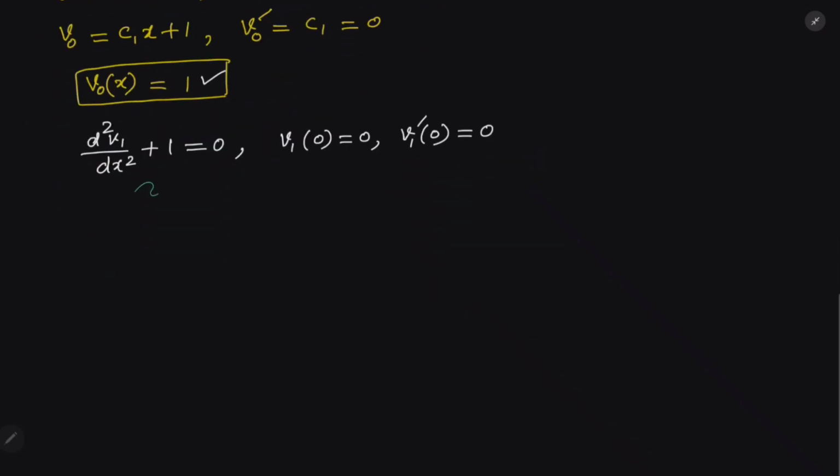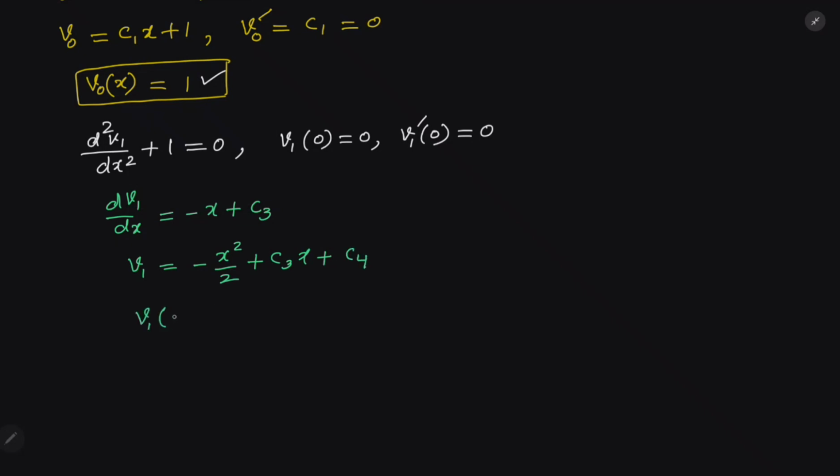I integrate twice, dv1 by dx is minus x plus c2, maybe c3. Integrate again, minus x square by 2 plus c3x plus c4.